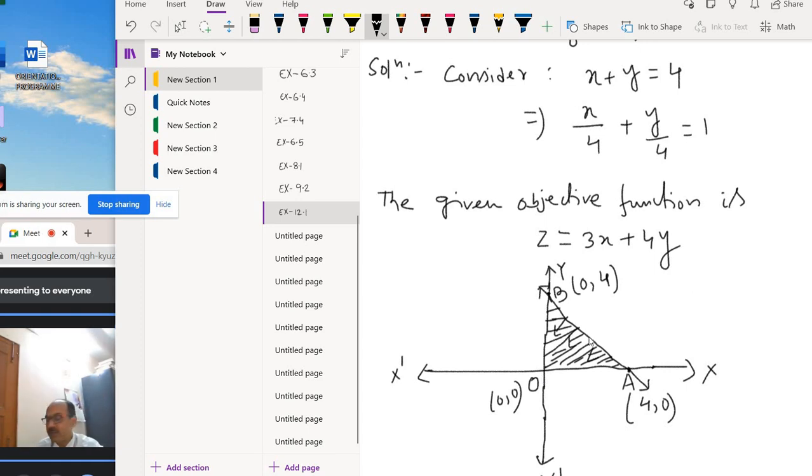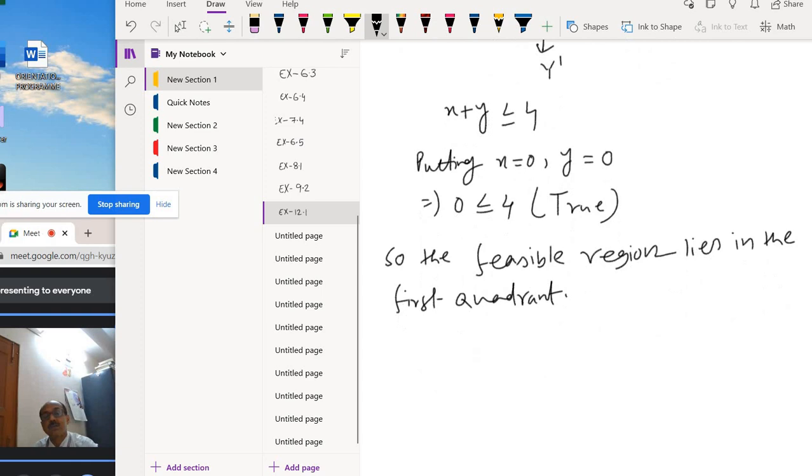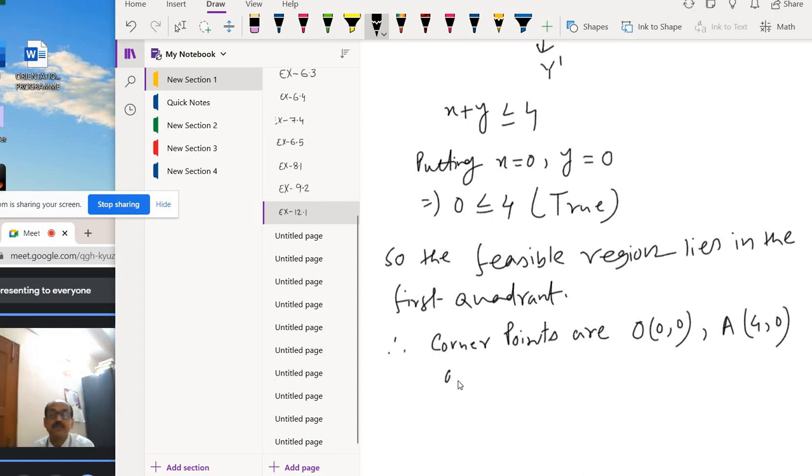O, A and B. Therefore the corner points, that means the boundary points, and this is bounded, are O (0, 0), A (4, 0), and B (0, 4).